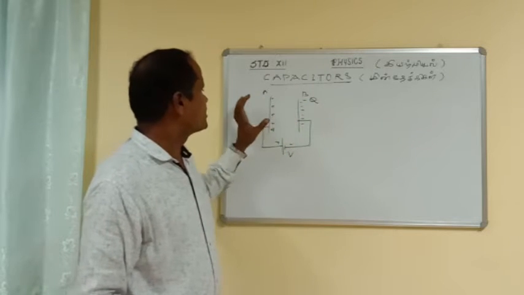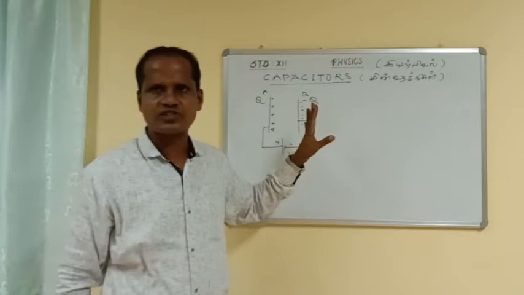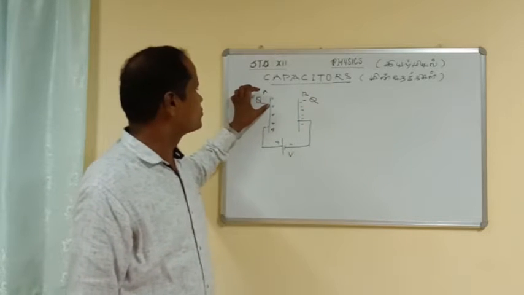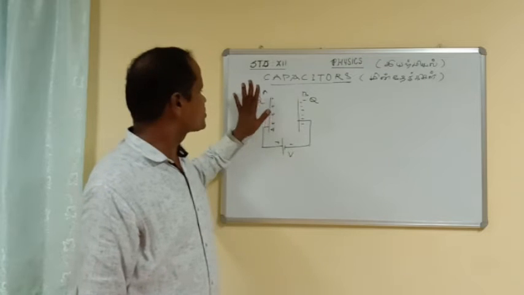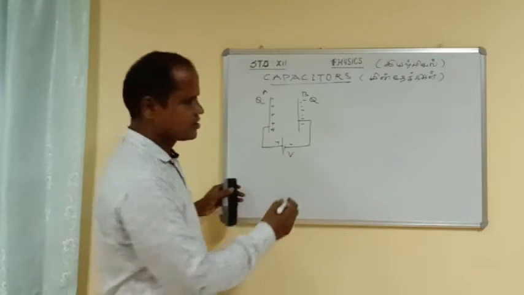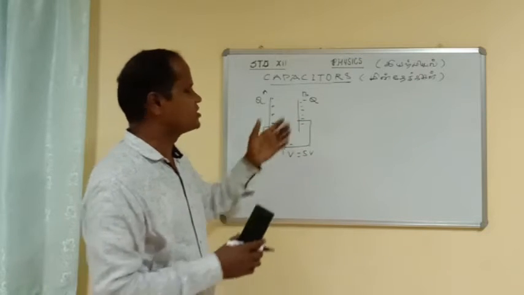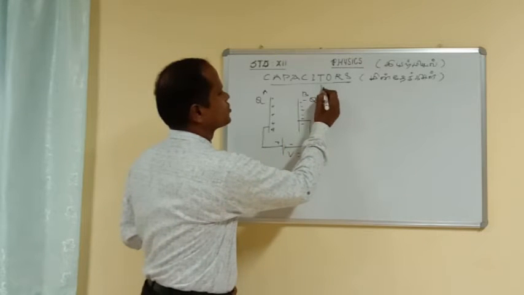So the charge on each plate is Q. What is the magnitude of this charge? Q, on each plate. This charge depends upon the voltage. Suppose at the beginning, connecting a 5 volt battery, the charge developed is for example 1 coulomb or 10 microcoulomb.